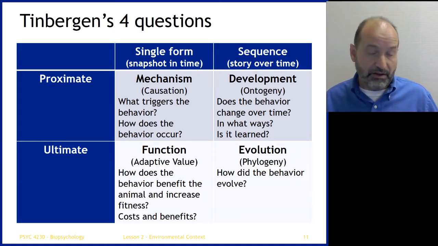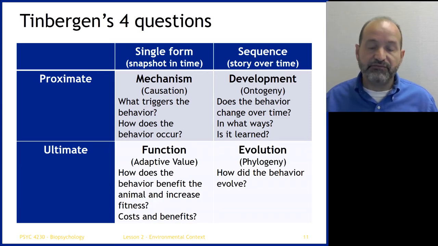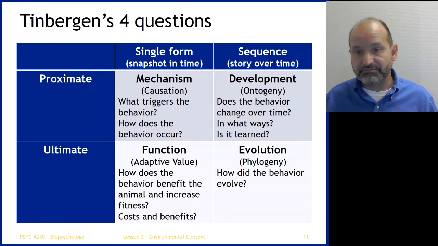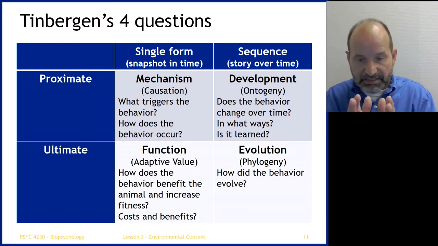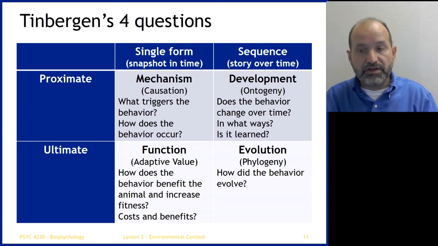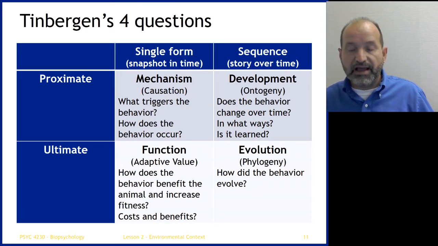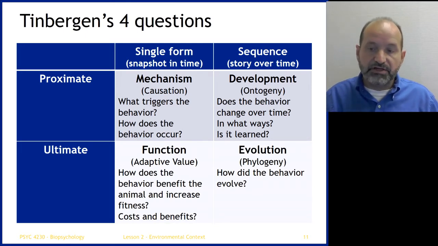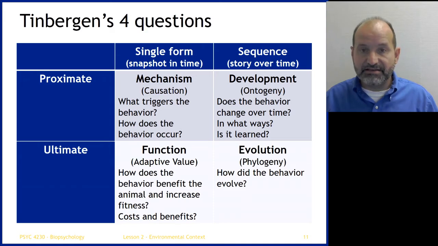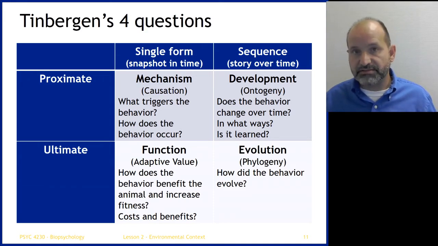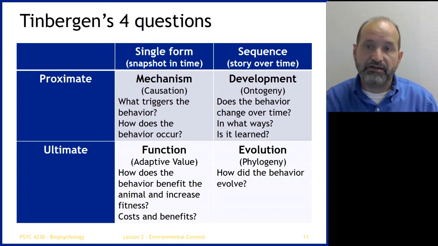How, if at all, does this benefit the animal, benefit the individual, and increase the fitness? What are the costs and benefits? So that's looking at a snapshot in time. And then we can look at the evolution question, and over long periods of time, the sequence of the development, how did that behavior come to be in the population in the first place? So these are 4 questions that we want to ask when analyzing behavior.